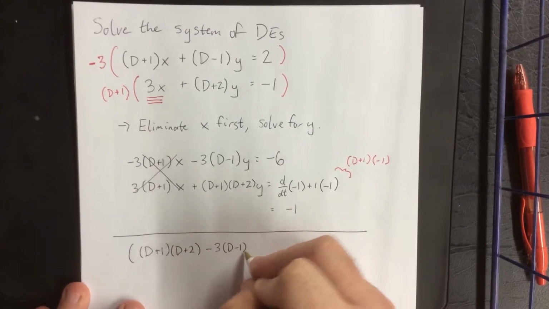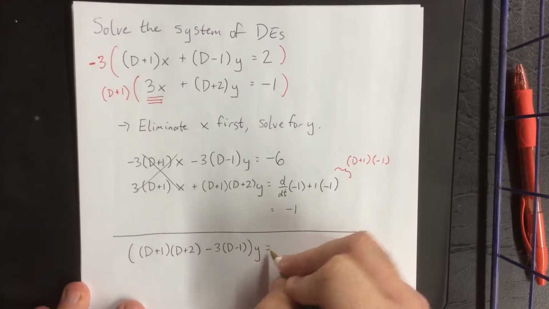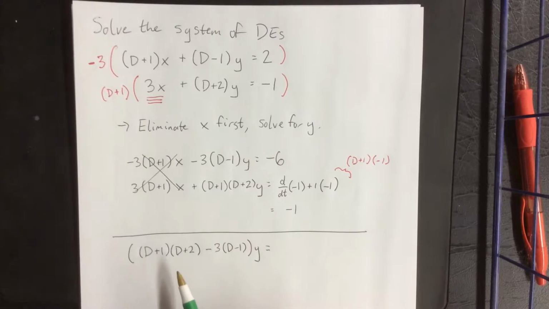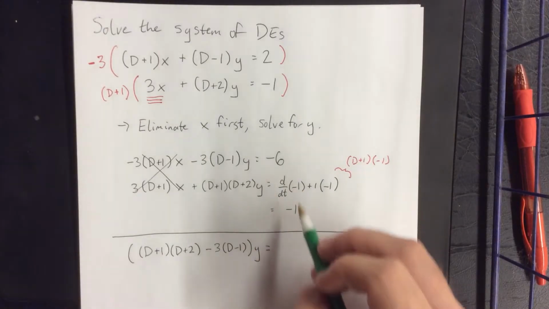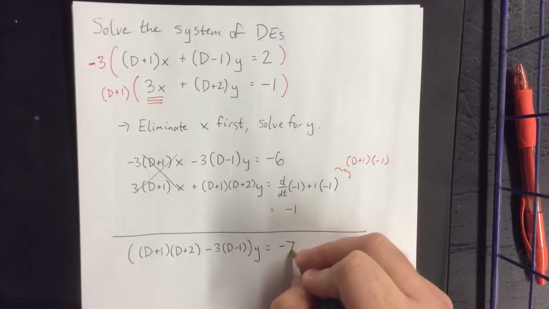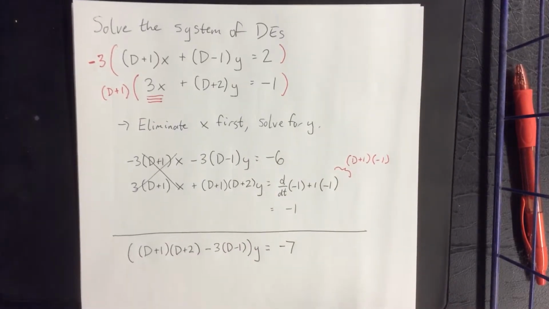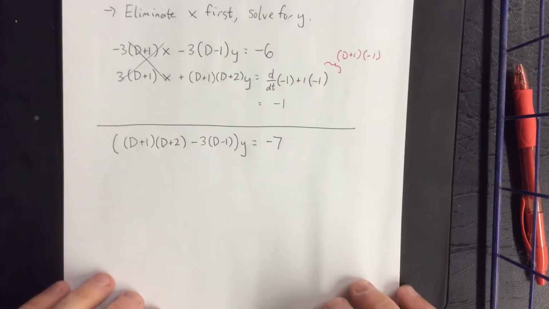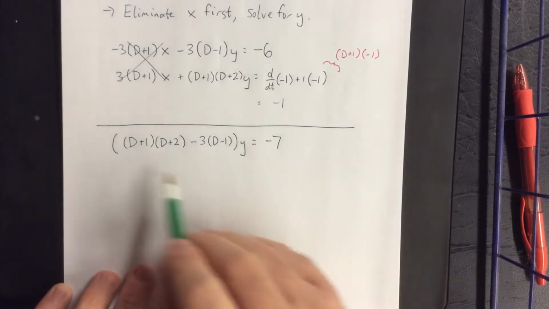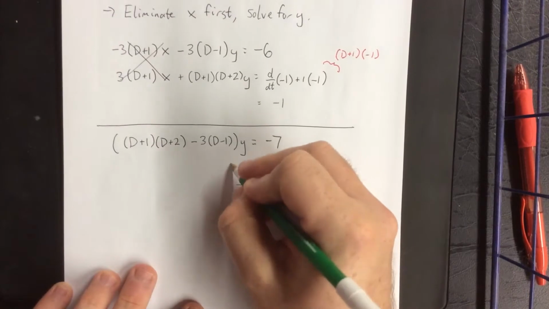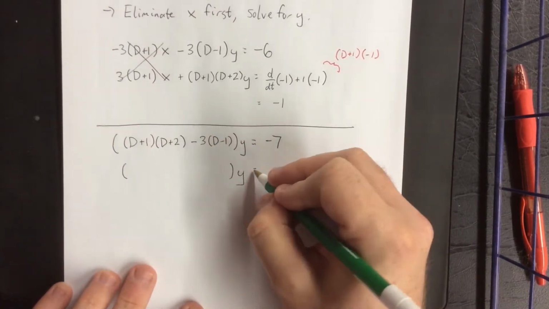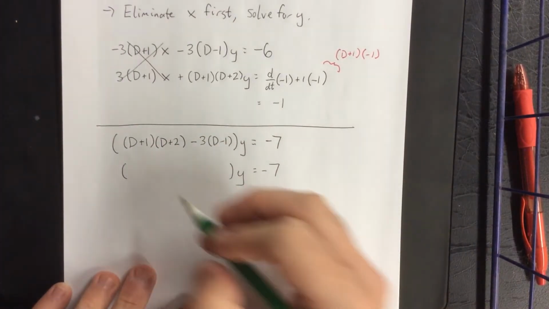What we will wind up with, however, is the following coefficient of y: d plus 1 times d plus 2 minus 3 times the quantity d plus 1. Over on the right-hand side, we'll have a negative 6 and a negative 1 added together. That'll be negative 7. So, feeling pretty good so far. Next up, I would like to do a little bit of algebra on the inside of these parentheses here. Maybe expand, combine some like terms, you know, the usual.